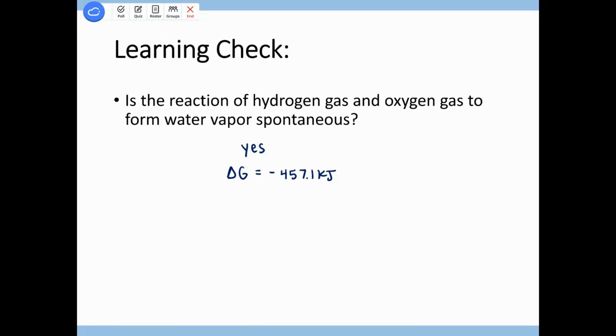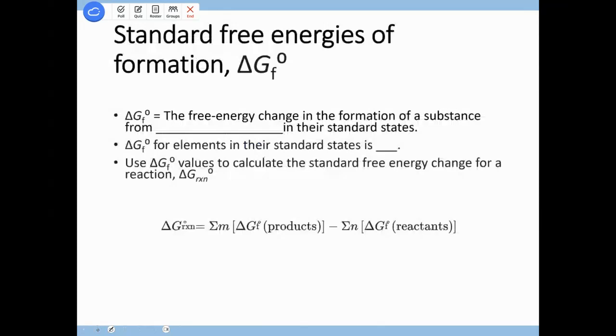Now there's another way to calculate delta G. We have standard molar entropies. We have standard molar enthalpies. There are also standard molar Gibbs free energy. This is the energy change, the free energy change in the formation of a substance from its elements in their standard states.